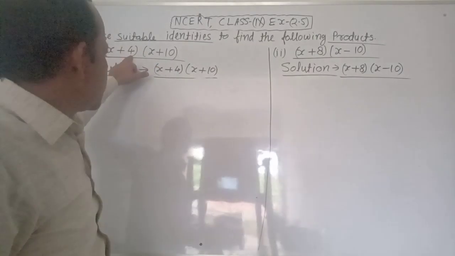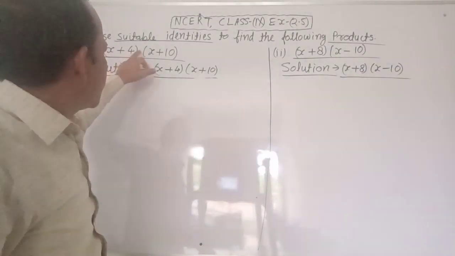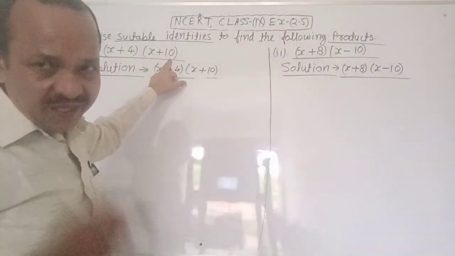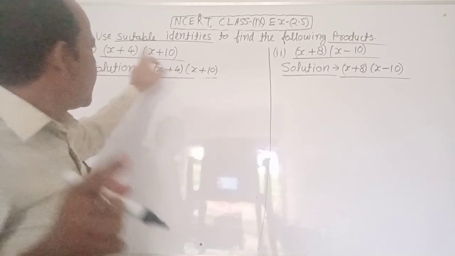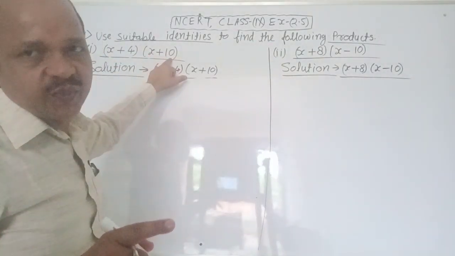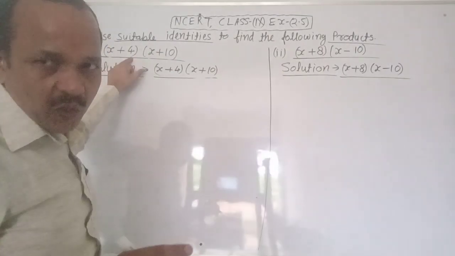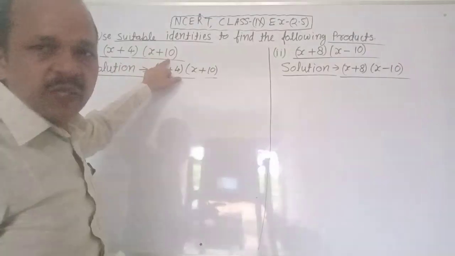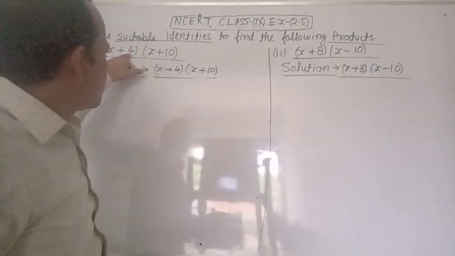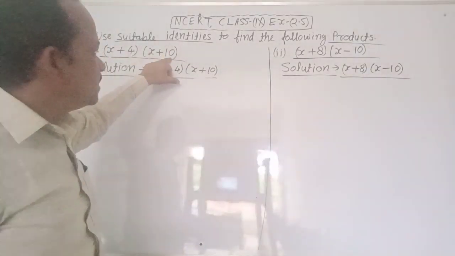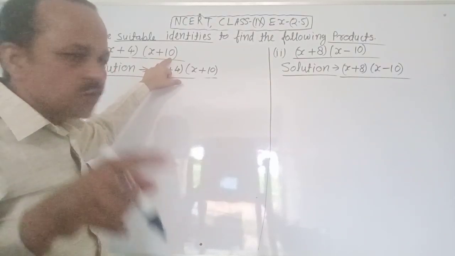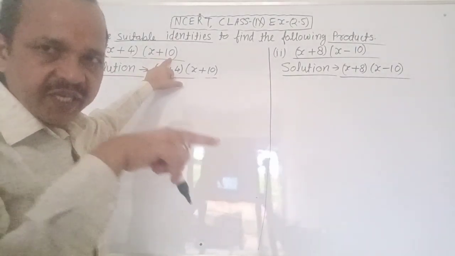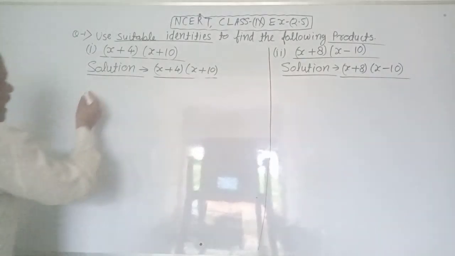Here x plus a in first brackets, x plus b in second brackets means the identity x plus a, x plus b. Here x plus 4 and here x plus 10. Here 4 is a and 10 is b. So you can write it as the identity.